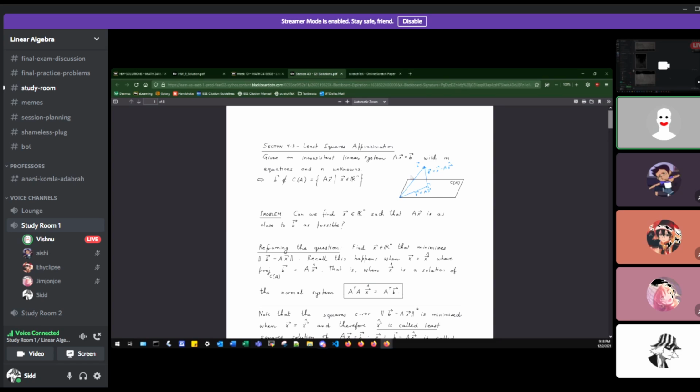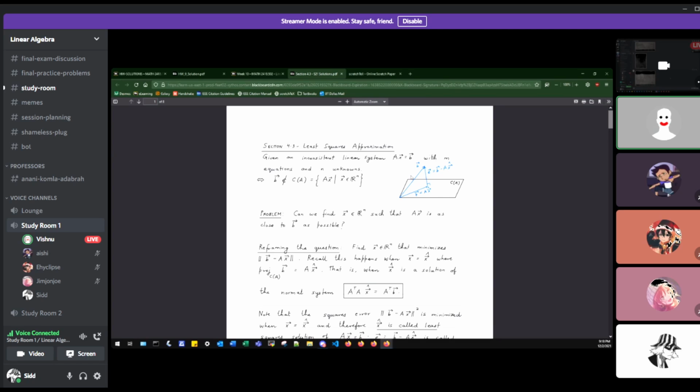But as you can see, it's impossible because b is outside of the plane. So what you want to do is approximate it with the vector that's closest to b but still inside the plane. And that vector turns out to be the projection vector.